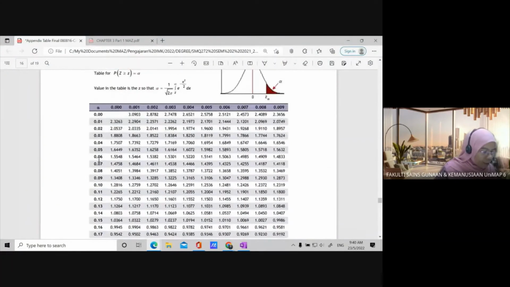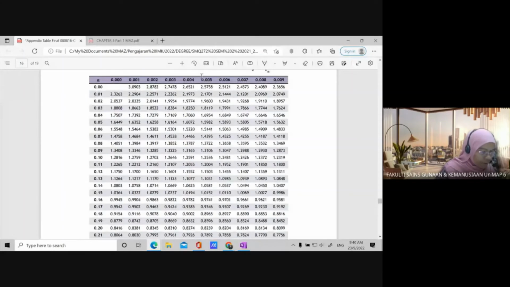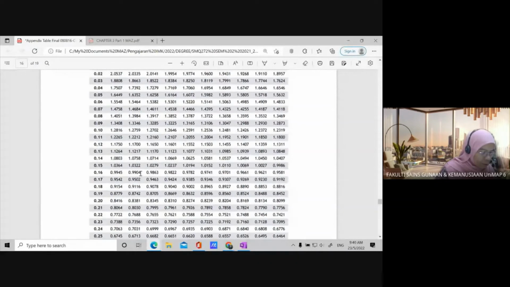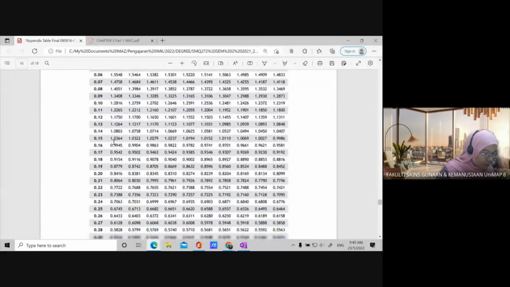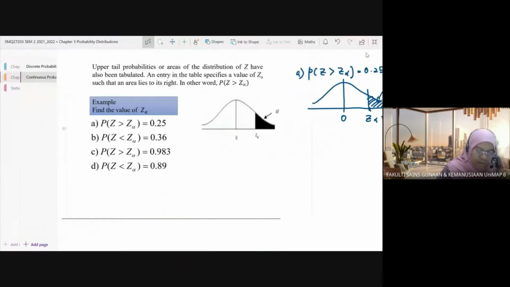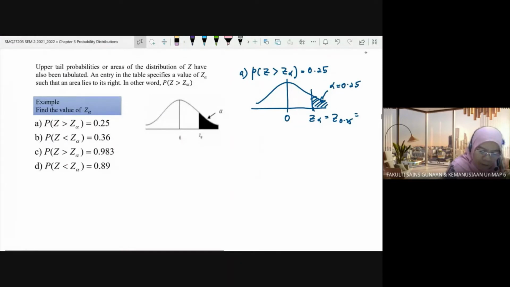Okay, alpha 0.25 is from this first column, sorry class. 0.25 directly from this particular first column. So the Z alpha value, the Z value is 0.6745. Okay, so 6745. So the Z alpha value is 0.6745. Greater than, because greater than, okay.